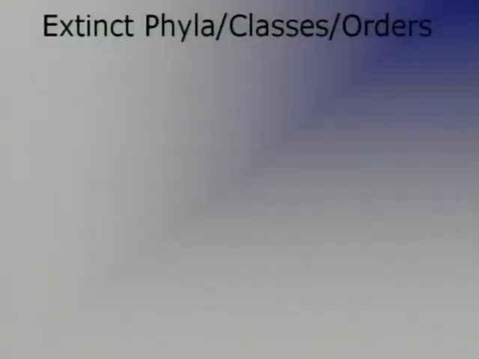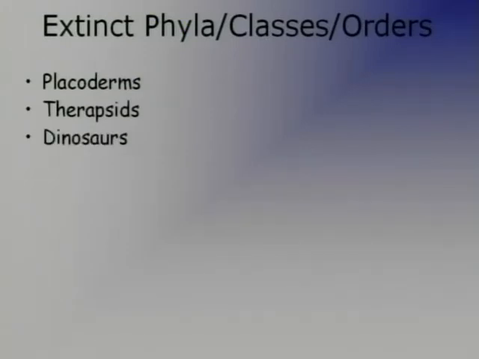Just to illustrate this, some extinct phyla or classes or orders that we no longer have on Earth today, which we had at one time. Placoderms, these are strange-looking fish, some of which had advanced features, as we noticed. Therapsids is another one. Dinosaurs is a very good example of a class or an order of animal that no longer exists. The fissiopods don't exist anymore, although there are some creatures that are remarkably similar, but I don't think they could be claimed to be the same.